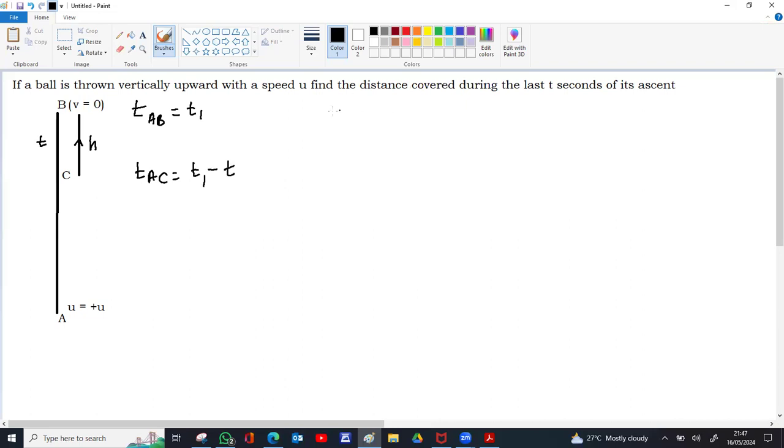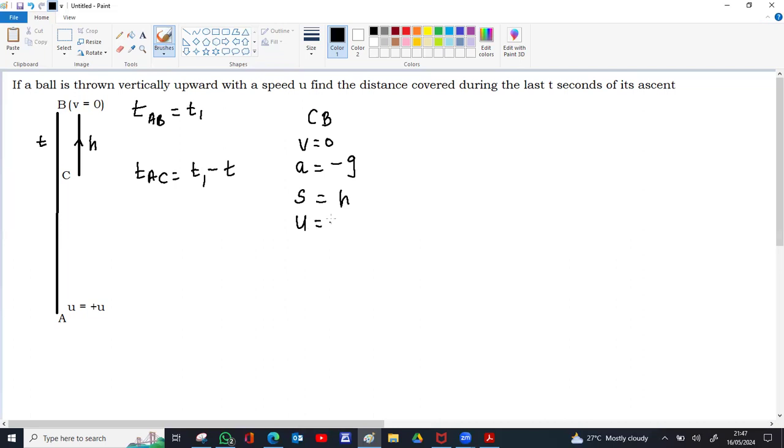So if we check CB, what all do we know? Final velocity is 0. Acceleration is due to gravity in the downward direction, minus g. The displacement we need is upward, h. So you can use the formula v square equal to u square plus 2as. That's the only relation where v and s come together. But the only problem is we don't have u.